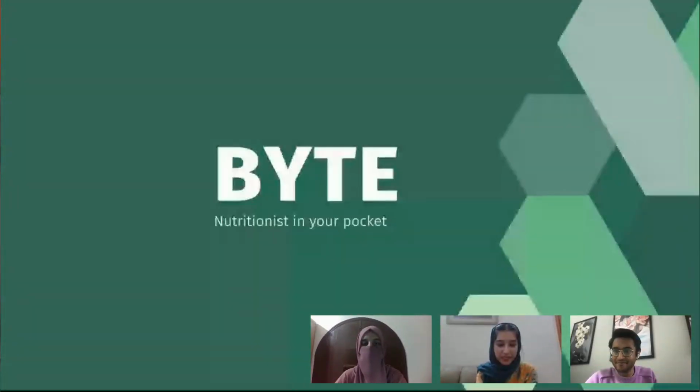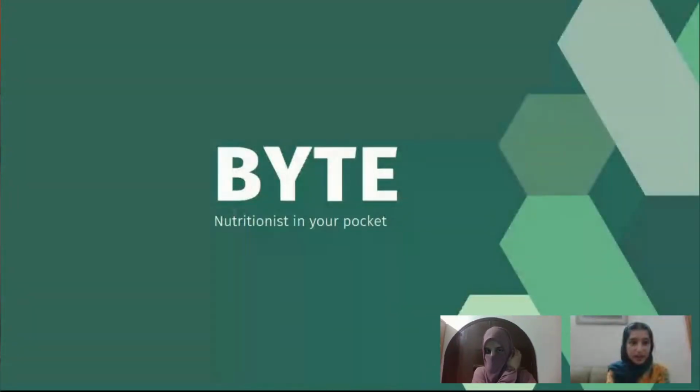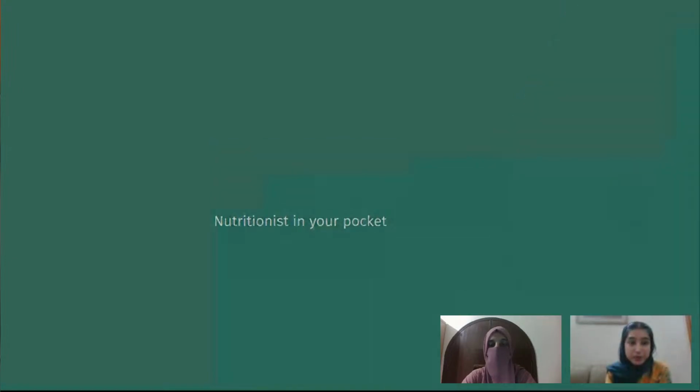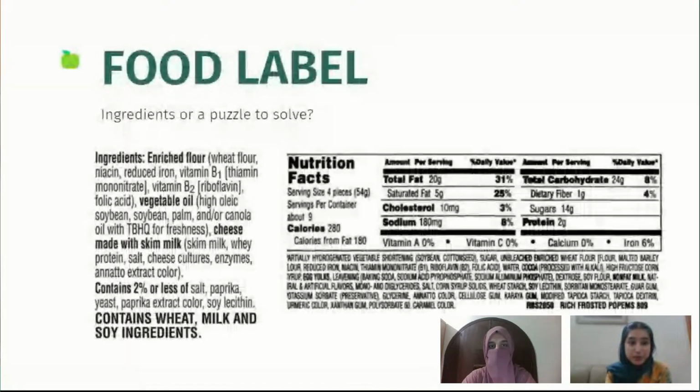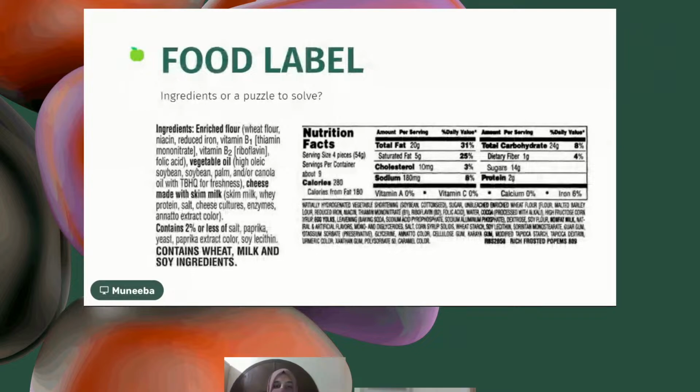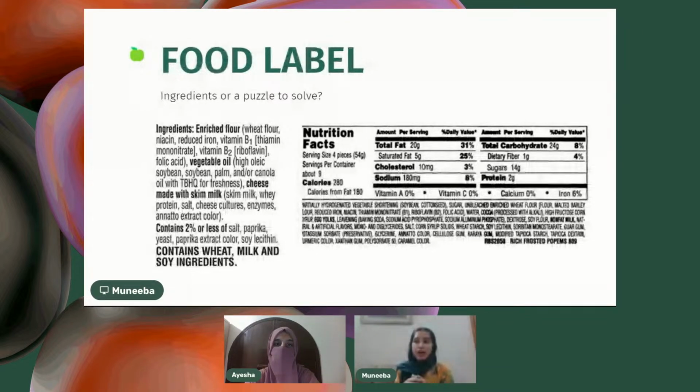So I'm just going to start with the presentation we have prepared. We are basically showcasing our app Bite, which is essentially a nutritionist in your pocket. The idea was derived from just looking at this label and thinking about how people who have allergies or certain conditions that they can't eat certain foods, or if they have certain goals, they can't really gain insights by looking at something like this.